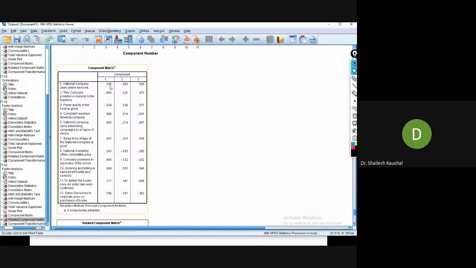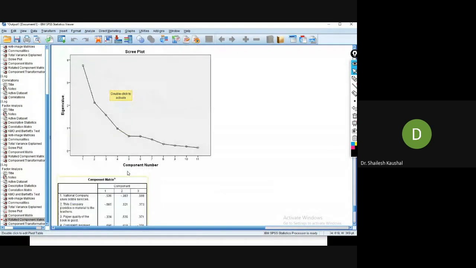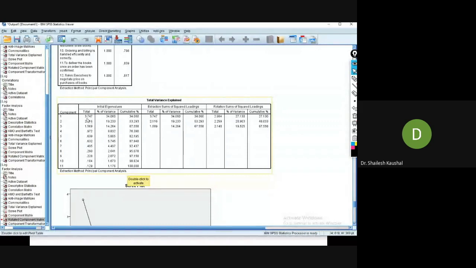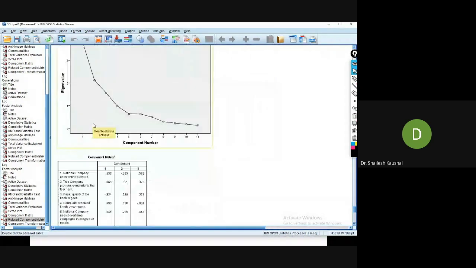When I vertically square the factor loadings and add, then I obtain the value of 3.747. So you can practice at home also after conducting this, so you can check it.